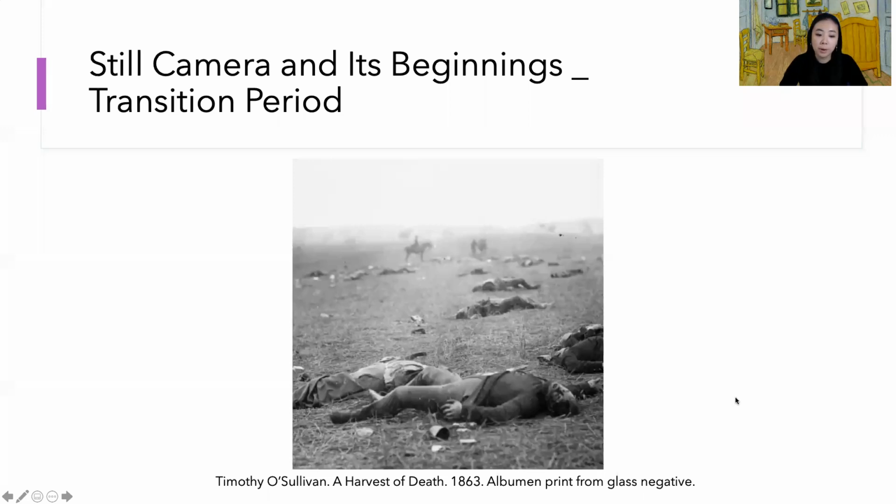Early photography required long exposure times and bulky equipment. This meant the photographers could not yet capture action. The renowned photographer Timothy O'Sullivan created these images that have become part of the American cultural identity, yet none pictures a battle underway.